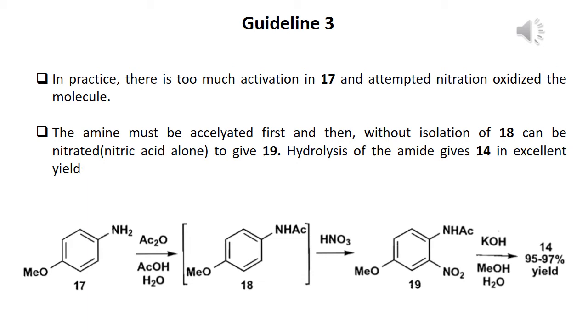So ortho to the amino will be the nitro substituted, but we can separate from here the desired one on which ortho we want the product. So we want 19. From the hydrolysis of this acylated amine 19, we can get back the product 14, which is the target molecule.